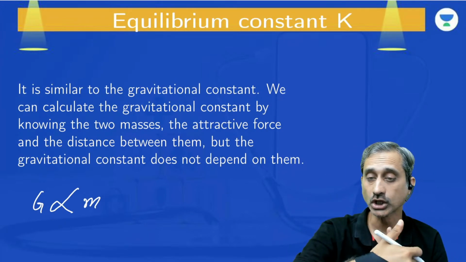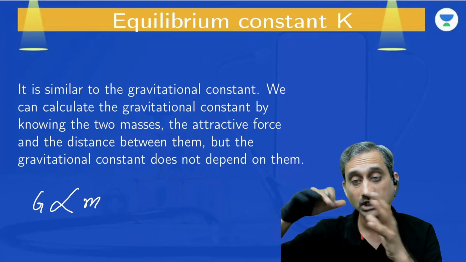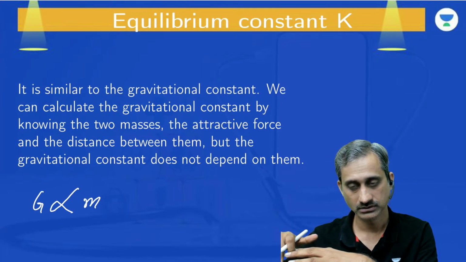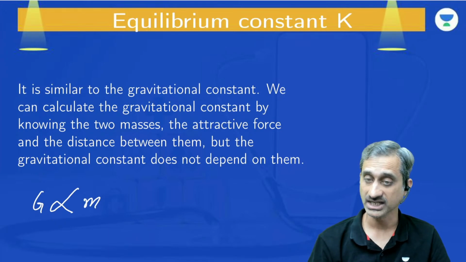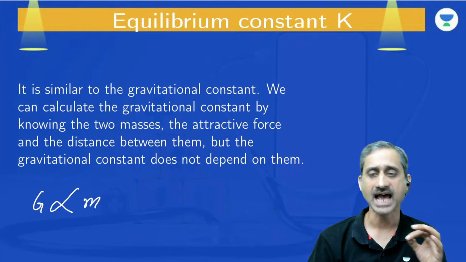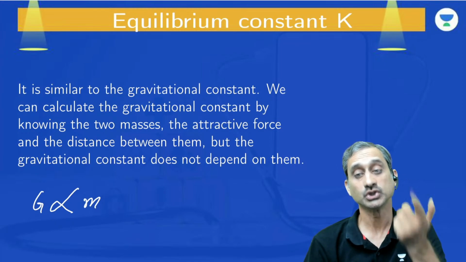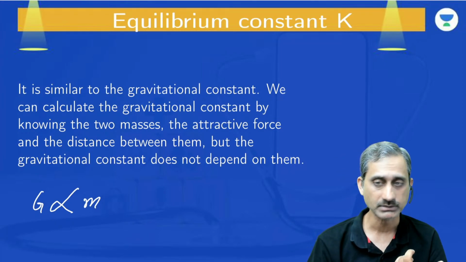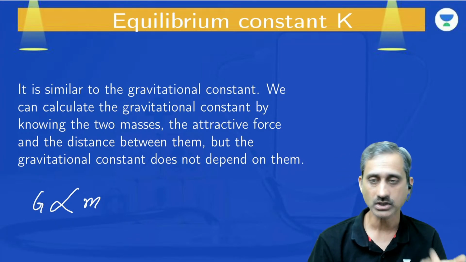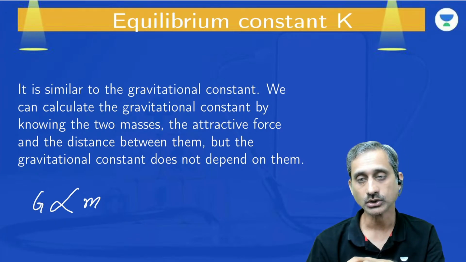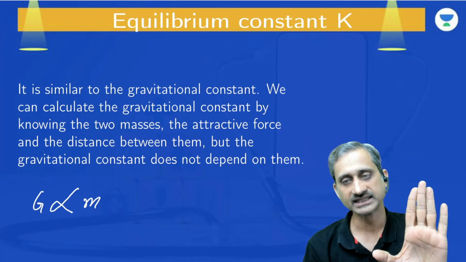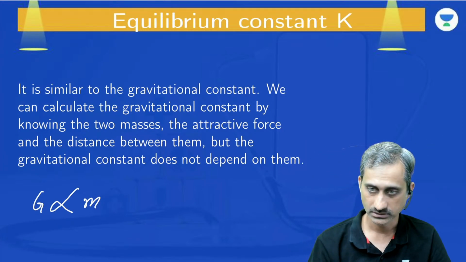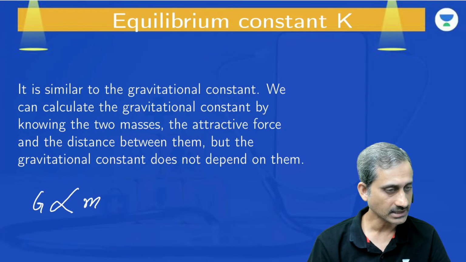Now, the location of the toll plaza does not depend on your location. You have reached there. In the same manner, the concentrations have reached equilibrium. That is why we can use the concentrations to find the equilibrium constant. The equilibrium constant does not depend on that. The toll plaza will stay there even if you move further or backward. Is it clear?